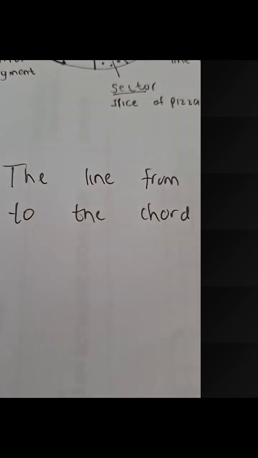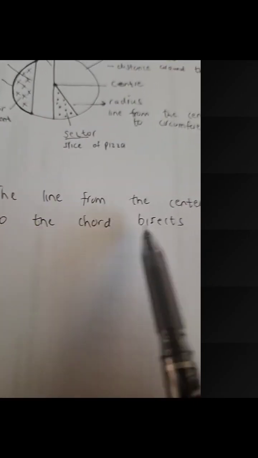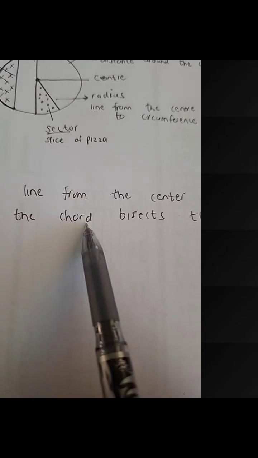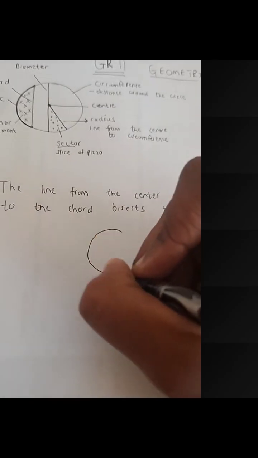But then it says the line from the center, perpendicular to the chord, bisects the chord. So let's see a visual of what this theorem is saying.